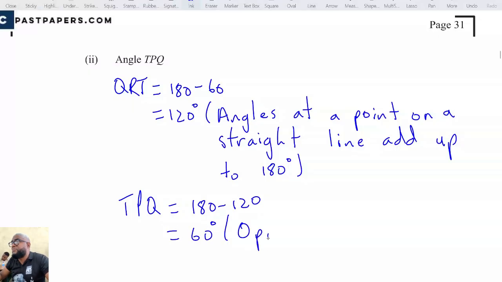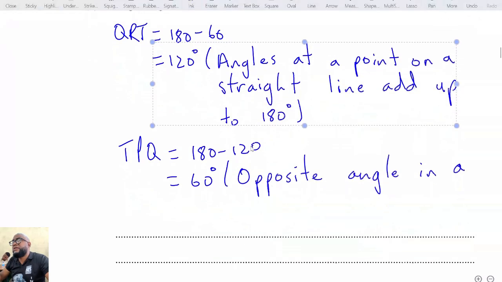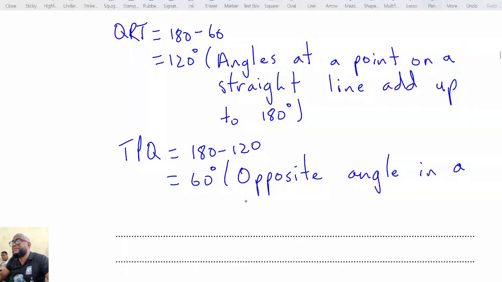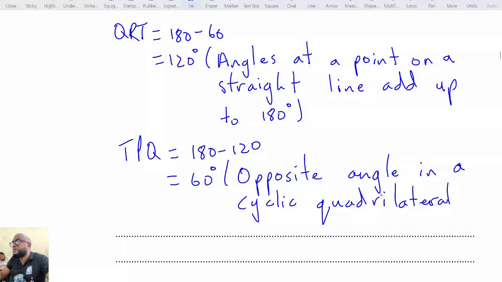And the reason would be opposite angles in a cyclic quadrilateral add up to 180 degrees.